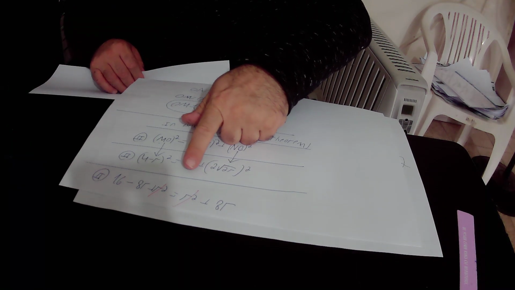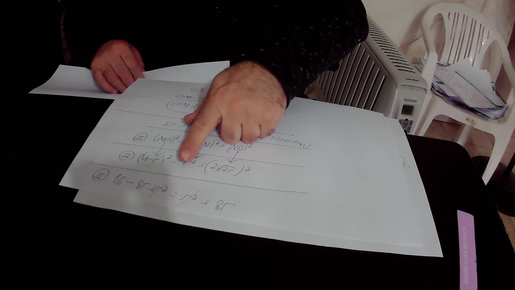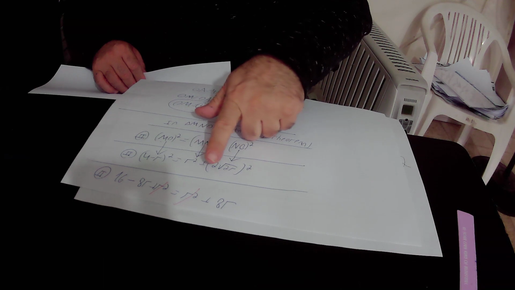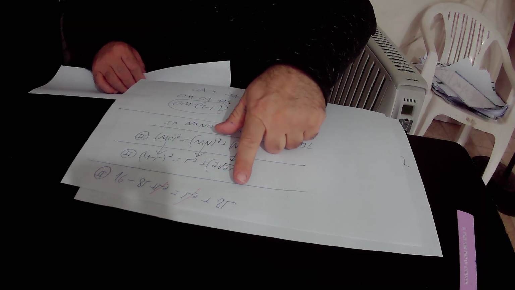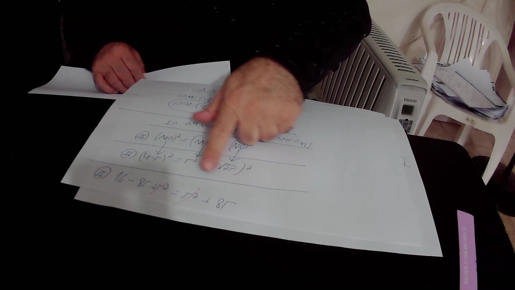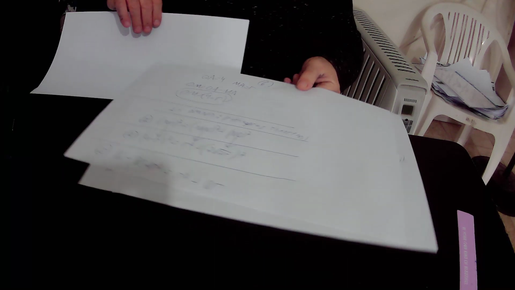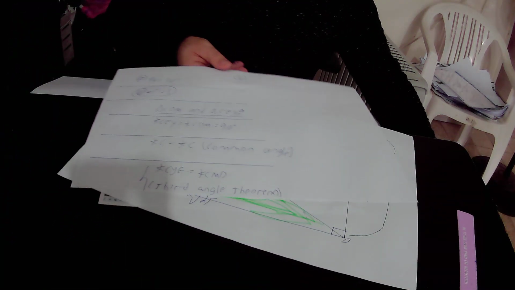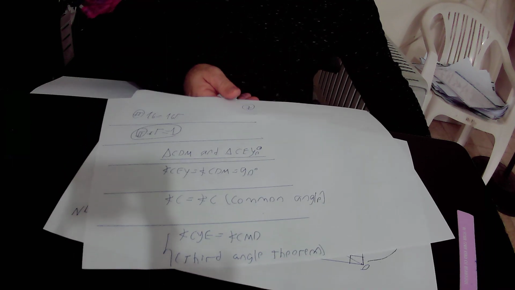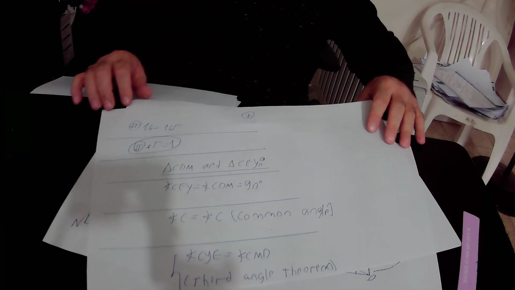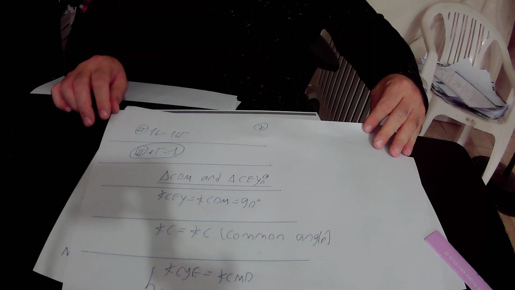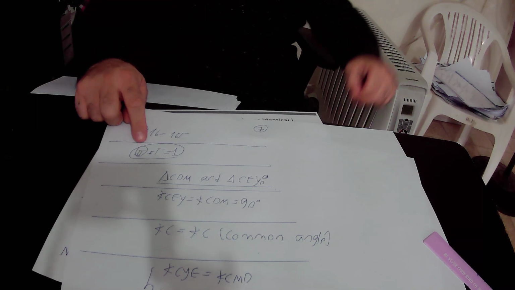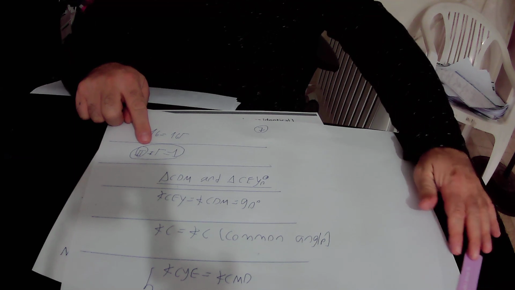After we cancelled R square, we added 8R to this equation. So here 8R plus 8R is 16R. So 16R equals 16. We divided this equation by 16, and we got that the radius of the small circle equals 1 unit.